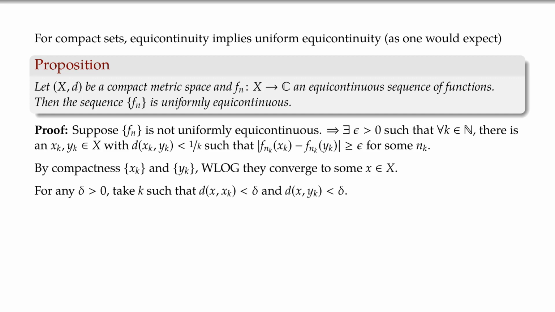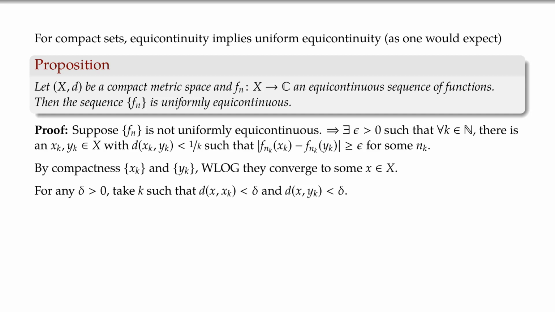Now we're basically going to show that this sequence is not equicontinuous at x, right? Given epsilon, we were supposed to find a delta, right?